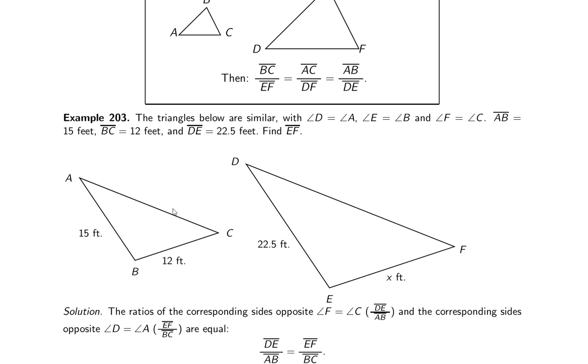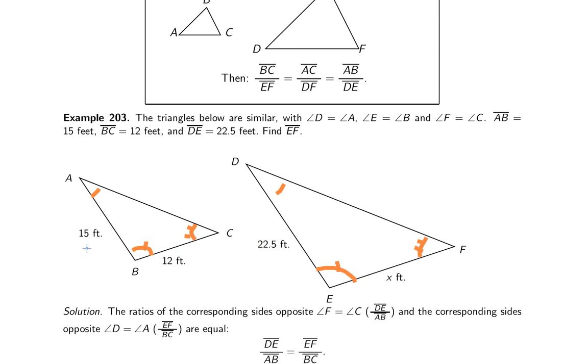And we can see, again, that A corresponds to D, B to E, and C to F. Okay, so these angles match. This angle is the same as this angle. This angle is the same as this angle. And these. Okay, so these are similar triangles, so we can match up the sides.